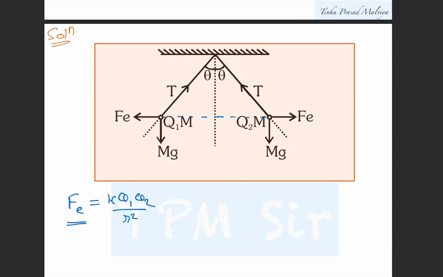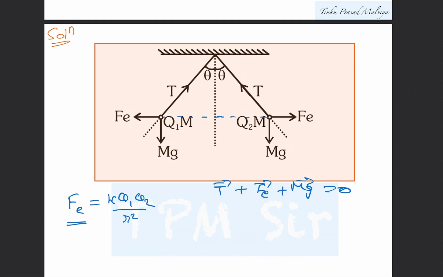Now as both particles also have same mass, we have one more component, the vertical component mg, it is same. And now it's time for tension. So we know that tension will be along the string. Now this is really important, you have to listen carefully. We are seeing that there are three forces: tension, Fe and mg, and the net force is zero, right?